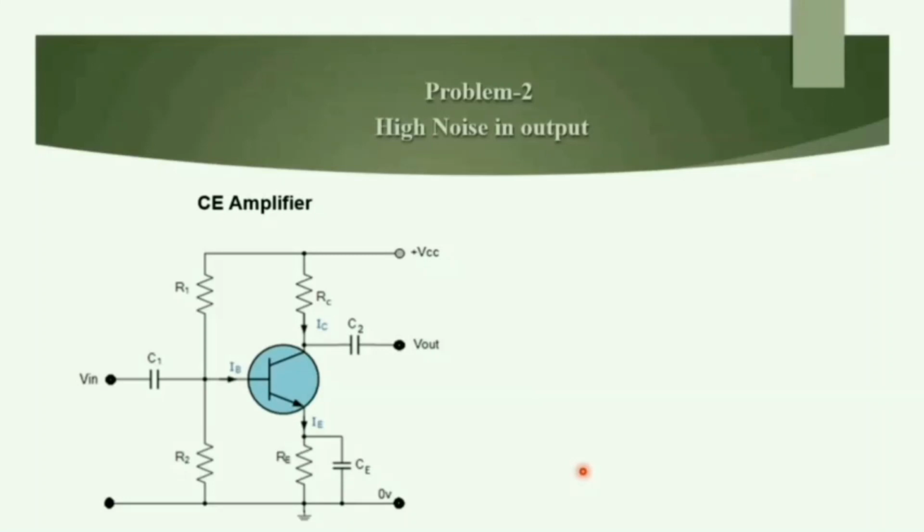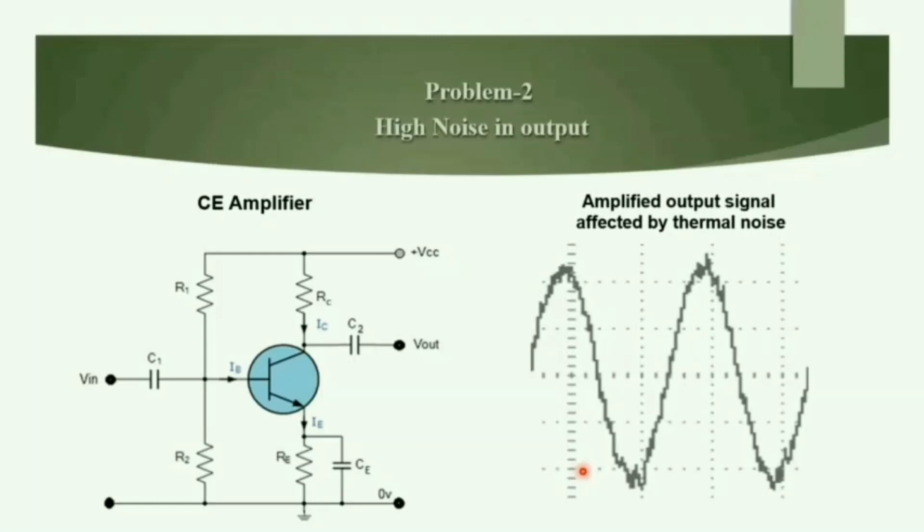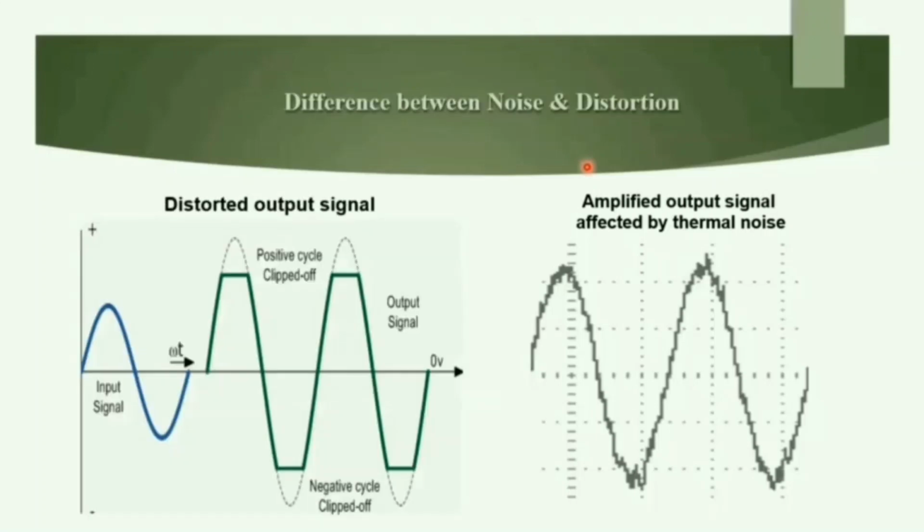So, the output signal will have noise along with the amplified version of input signal, as you can see in this diagram. This is the second limitation of BJT amplifier. Please don't get confused between distortion and noise. Both are different.